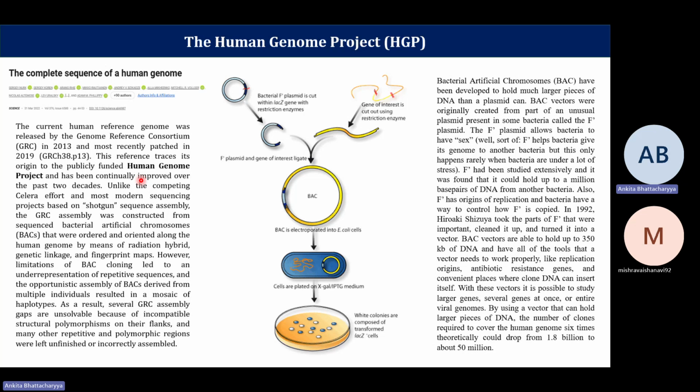These BACs were ordered and oriented along the human genome by radiation hybrids, genetic linkage, and fingerprint maps. But several GRC assembly gaps were unsolvable because of structural polymorphisms, incorrect assembly, etc. Basically, when this project was taken up, we didn't have the technology that we have today.